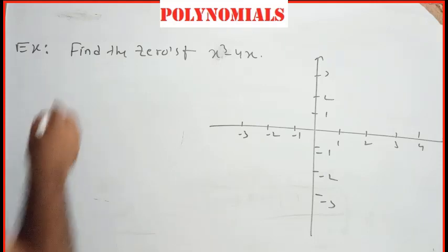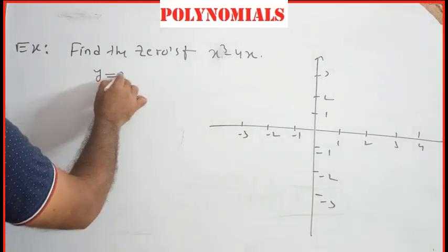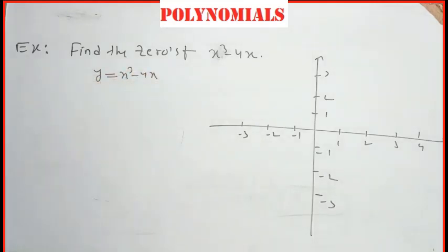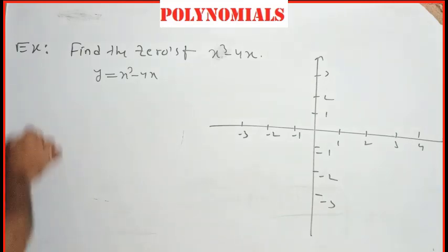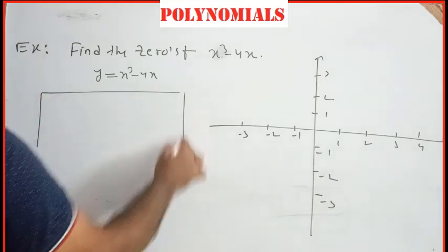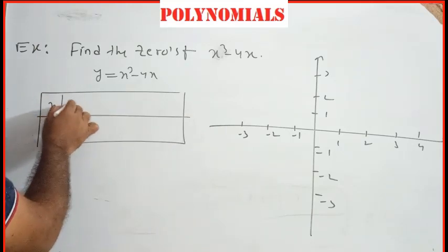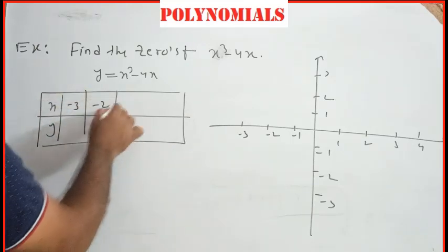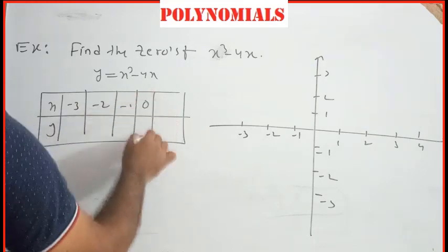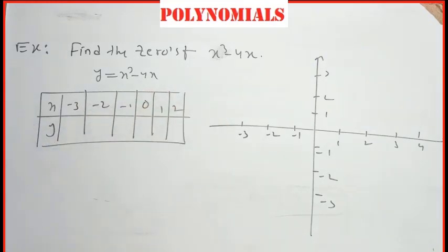Okay children, y is equal to x cube minus 4x. We want to prepare a solution table. x and y: minus 3, minus 2, minus 1, 0, 1, 2, 3.